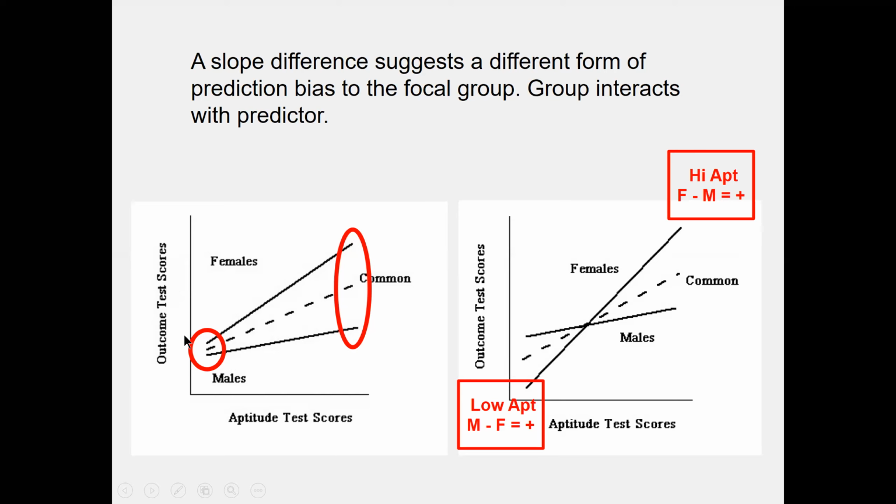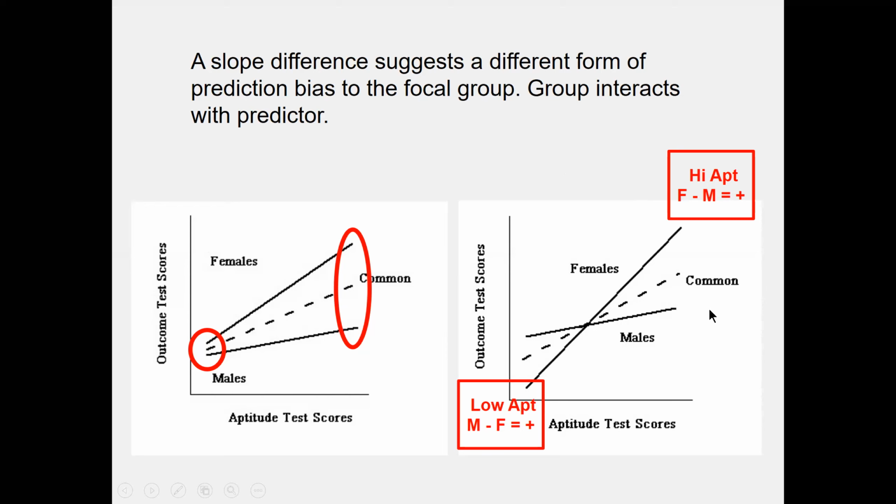So in this case, females get a lot more bang for their buck in outcome by having the same difference in aptitudes as males. And the one on the further right is another kind. Both of these are considered interactions. Interactions between sex and aptitude in their relationship to outcome.